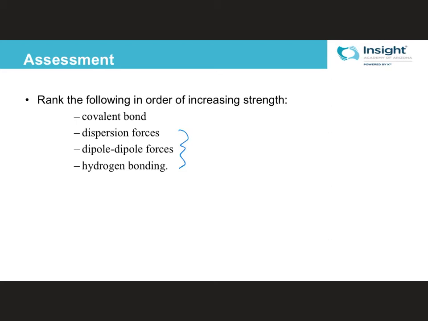The weakest intermolecular force is your dispersion forces, then your dipole-dipole, and then your hydrogen bonding. The strongest interaction of all of these is actually your covalent bond. Bonds are always stronger than intermolecular forces. These are IMFs, and IMFs are always weaker than bonds.